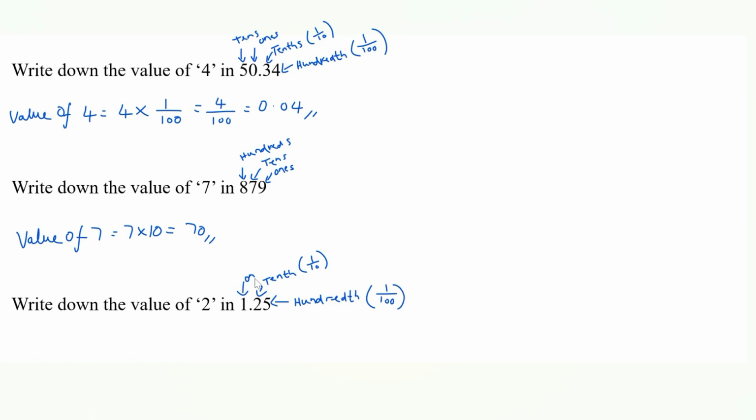And this will be ones. The value of 2 in this number will be 2 multiplied by a tenth, which gives us 2 over 10, which is the same as 0.2.